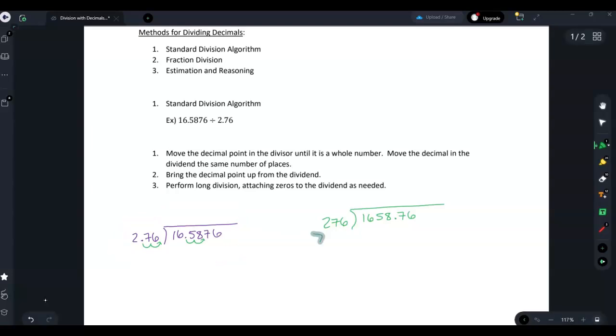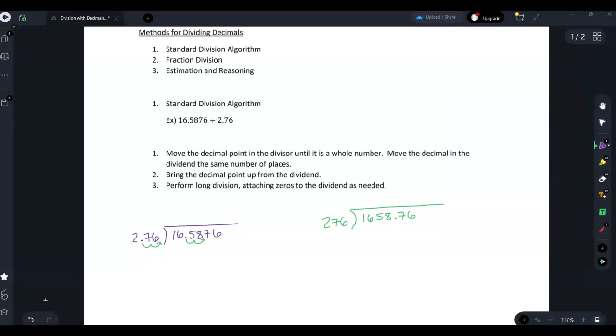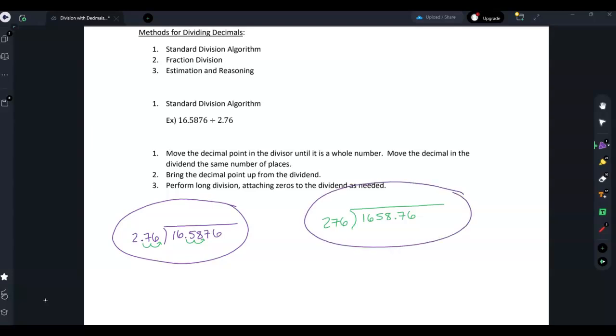So one of the common mistakes that I see here is that a lot of people think that when you're done with this, you have to do something to get back to what you did. You do not have to do that, right? So this is an equivalent division problem. Whatever the answer was to your original division problem, the answer will be to this one. So we can just solve this new division problem where the divisor is a whole number and the answer will be the same.